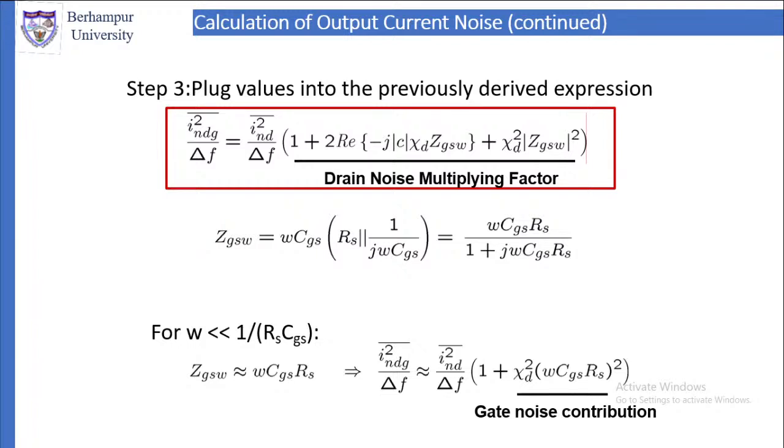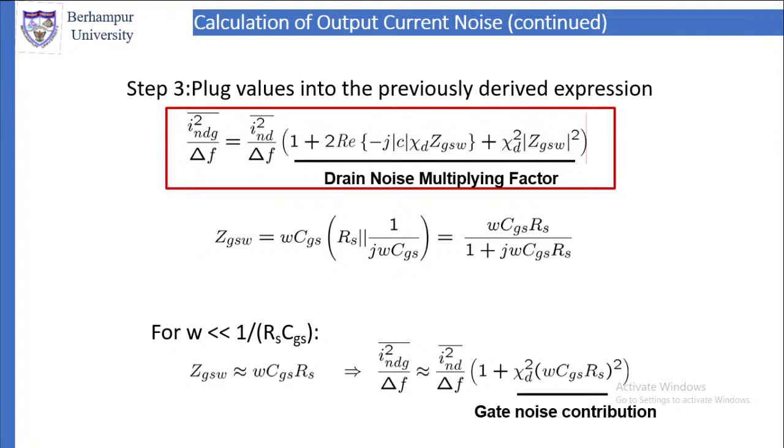ZGSW expression we know when omega is much less than 1 upon Rs into CGS. In that case, ZGSW will be approximately omega into CGS Rs, because in the denominator omega CGS Rs is much less than 1. So in the denominator the second term can be neglected.